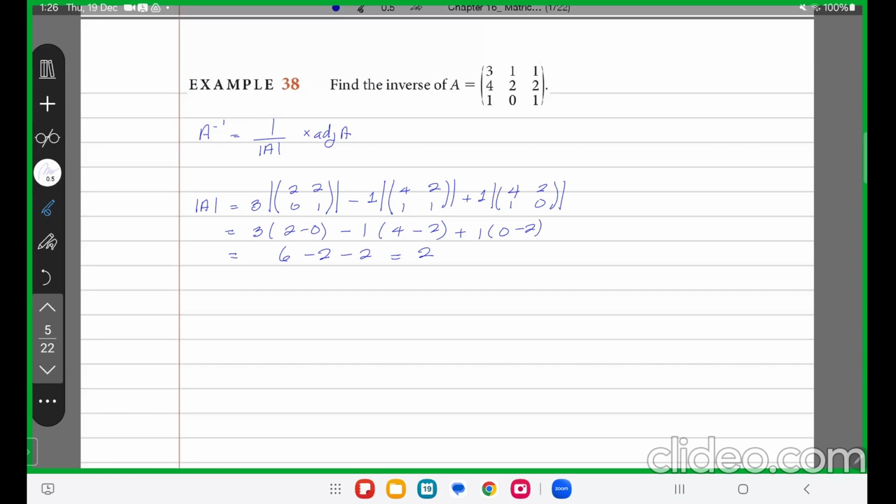Next, we need the matrix of cofactors. To get the matrix of cofactors, I need to find the cofactor of every element in the matrix. First row, sign convention, positive, negative, positive.